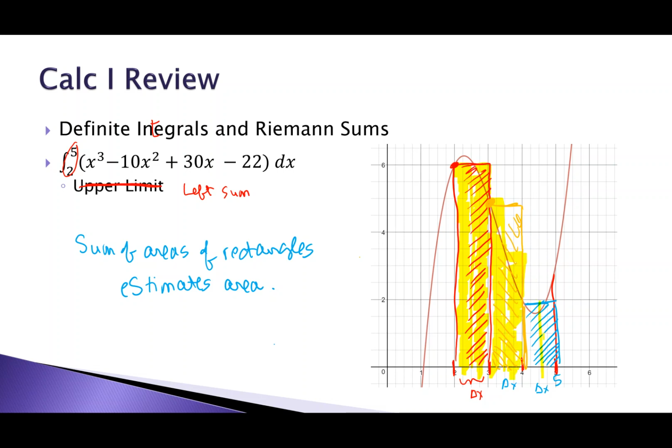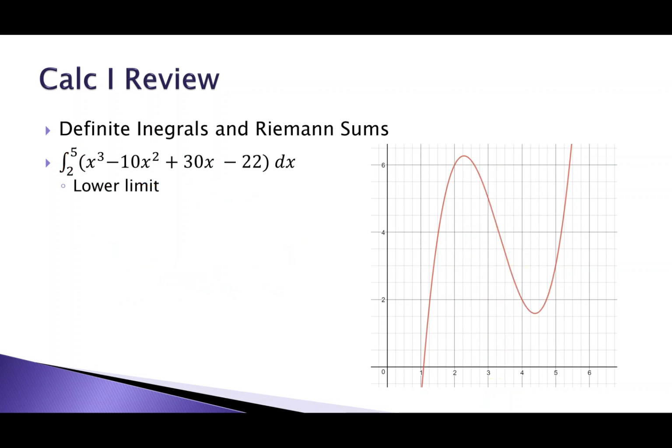And in the third one here, there's not a whole lot saved, but there's a little bit saved on the blue. You can see I saved quite a bit here and quite a bit there, so I have a little closer fit. And the more rectangles I take, the better estimate I get to this area.